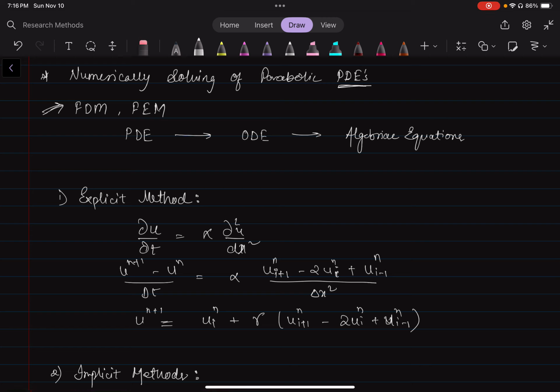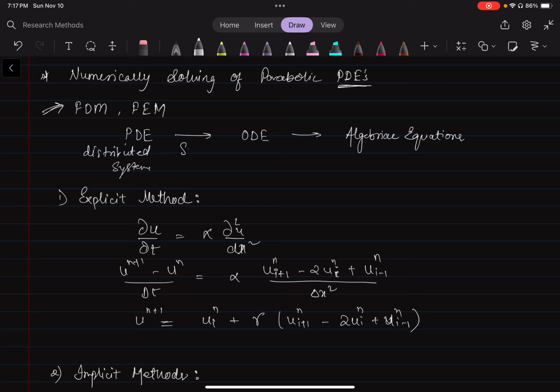If we have a PDE that has both the space terms and the time terms, such a system, which consists of both of them, is called a distributed system.